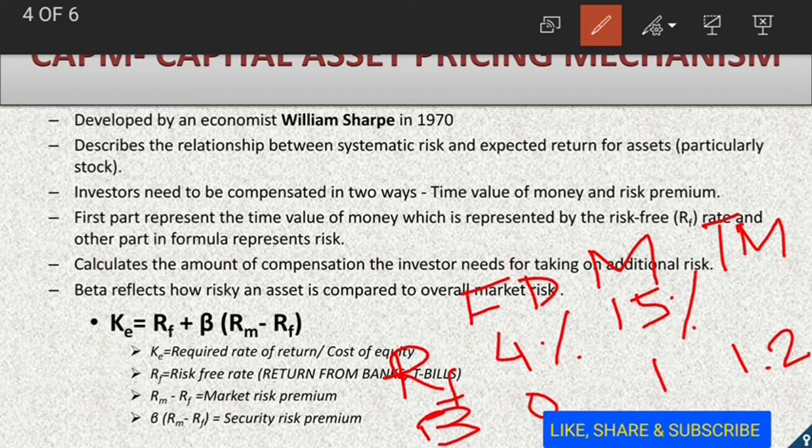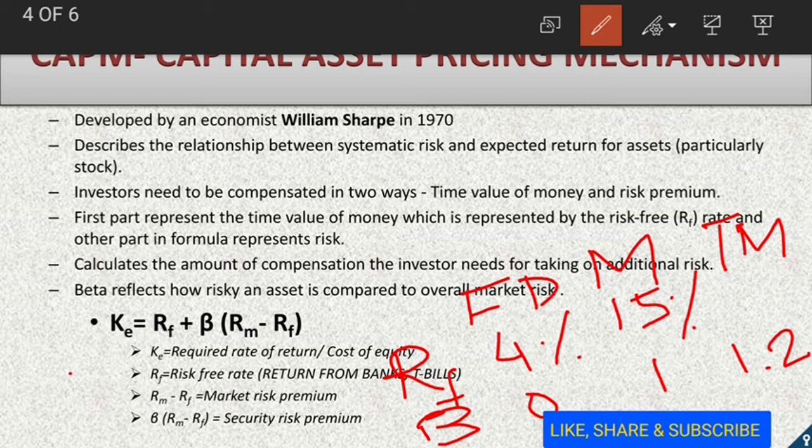Now what return will I get if I invest in Tata Motors whose beta is 1.2? Now we will put all these values in the formula. What is RF here? RF is 4%. What is beta here? Beta is 1.2. What is RM? RM is here 15%, that is the return of the market. And what is RF? 4%.